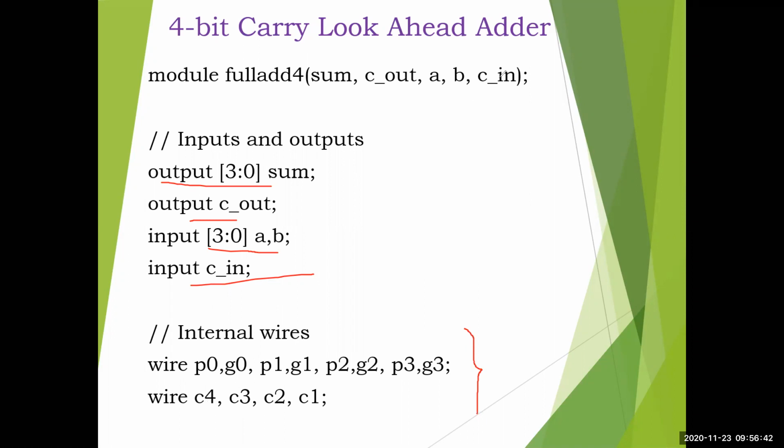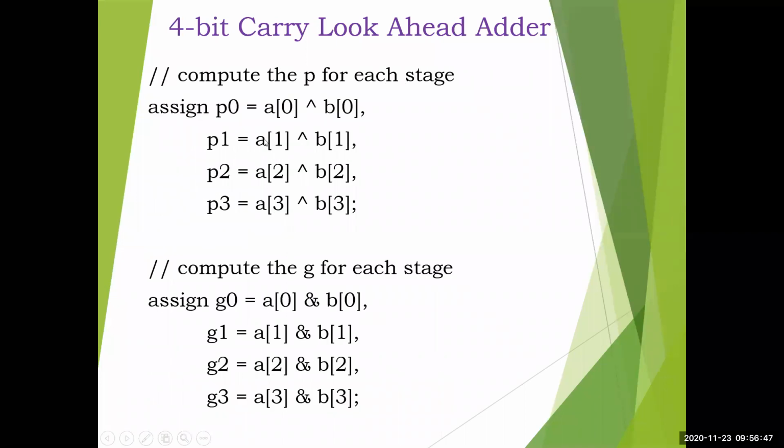Now we'll write these first: the generate and propagate signals P0 and G0. As it is, I have used the assign statement for all four. If you use a semicolon here, you need to write one more assign here. But instead, using the comma operator, I have written only one assign here.